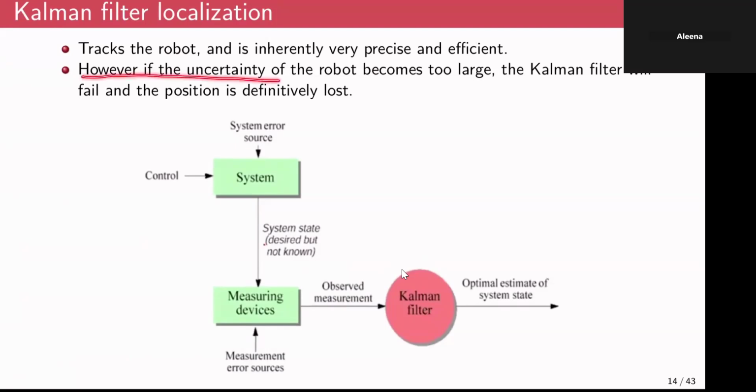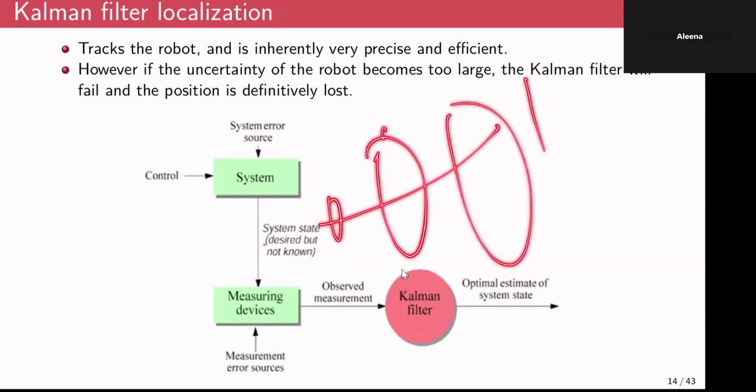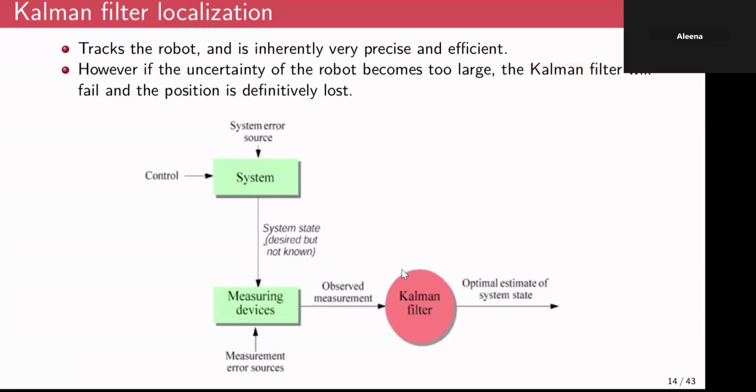However, if the uncertainty of the robot becomes too large, the Kalman filter will fail and the position is definitively lost, right? So if the algorithm is not properly optimized and the uncertainty of the robot grows very large, it's basically not possible for the robot to recover its localization or its current estimate of position.